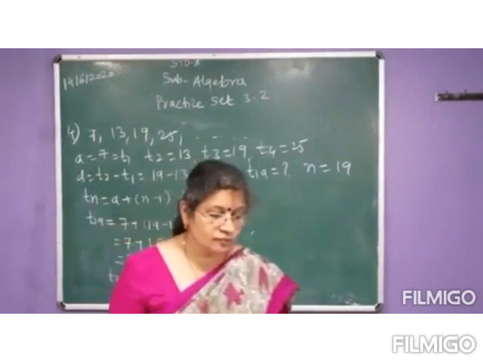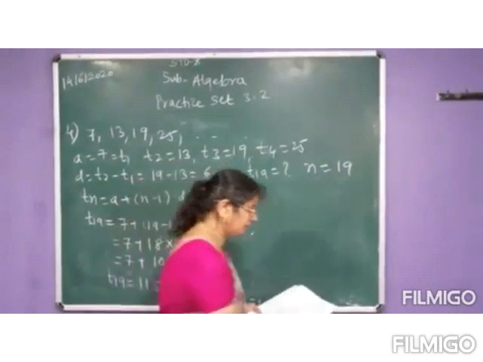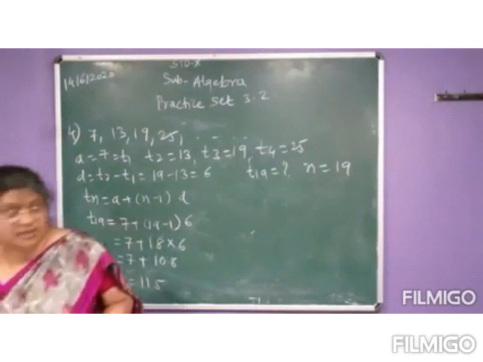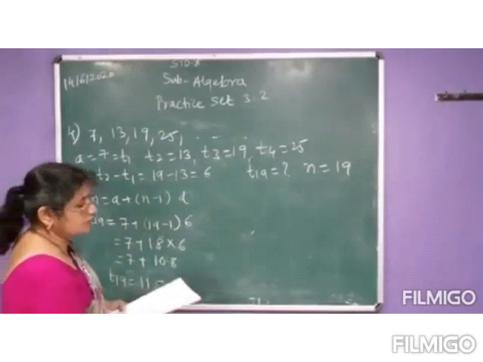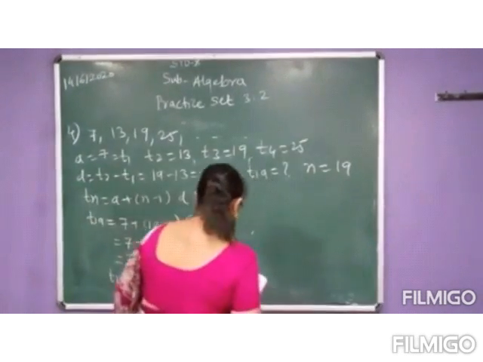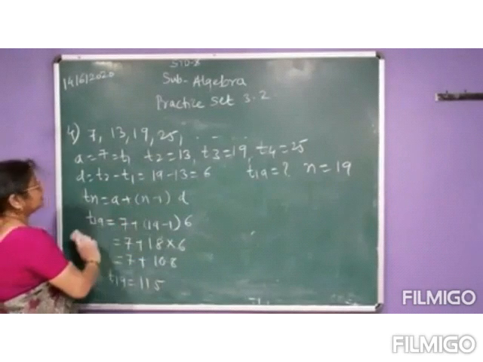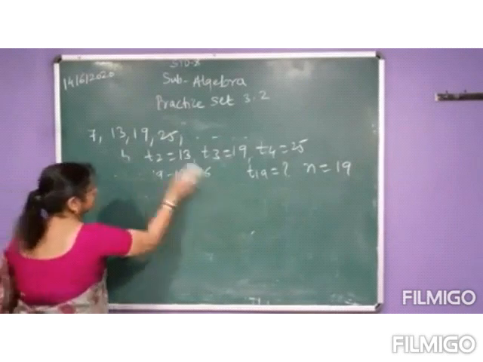This is the fourth example. Now we will go for the fifth example. The examples we have seen up till now are very easy. The arithmetic progression is given, and by using the Tn formula you are able to find any term in that arithmetic progression. Now we will see the fifth example.